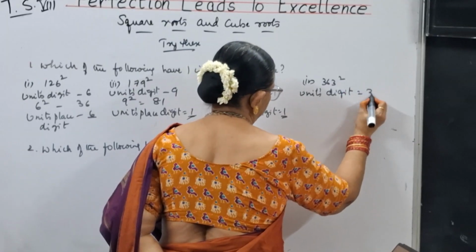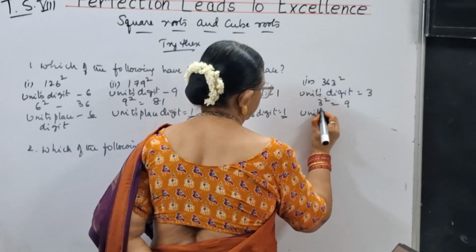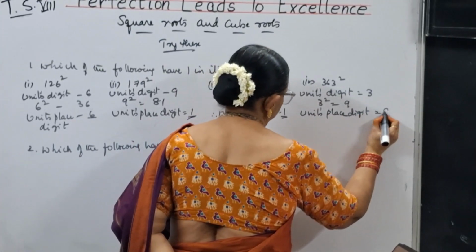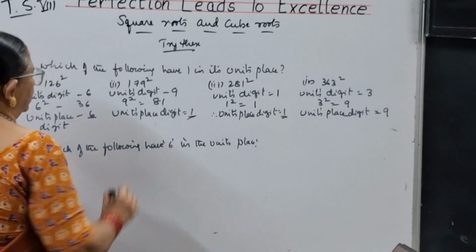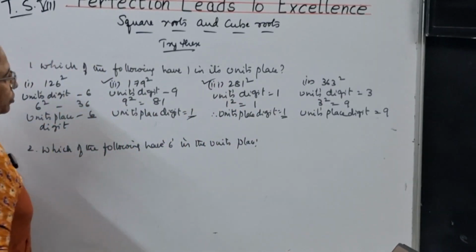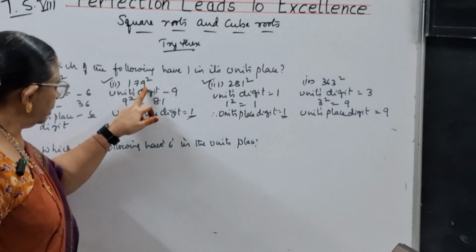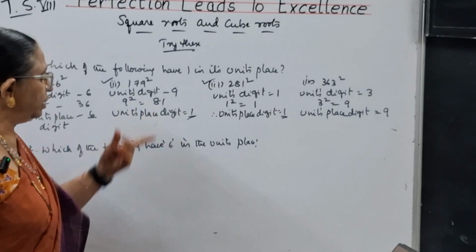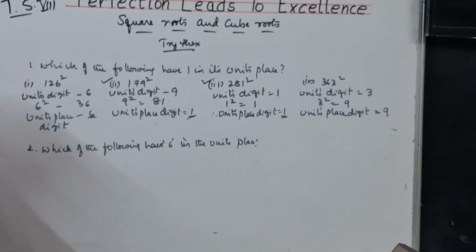Units digit is 3. 3 square is 9. So, what is units place digit? It is 9. So, out of this, which numbers are having 1? It is 179 and 281. These are the two numbers which are having 1 in their units digit. So, how are you finding out? By seeing the units digit of the given number. If its square contains 1, it will be definitely having 1. If its square is not having 1, it won't be having 1.